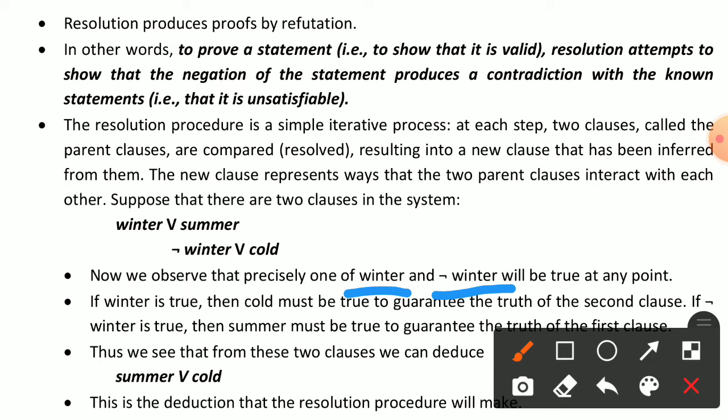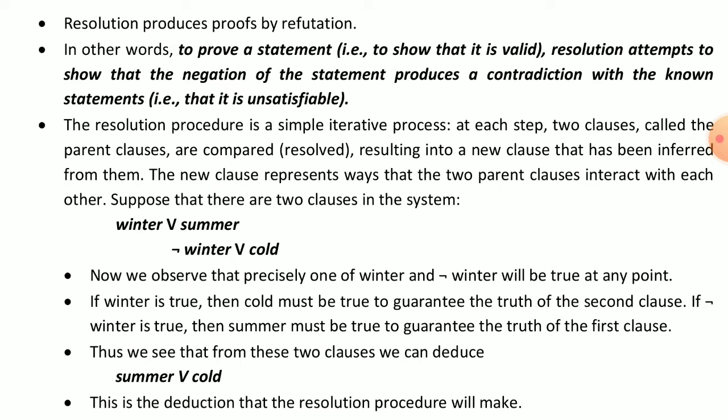This means if winter is true then cold must be true to guarantee the truth of the second clause. We know that the season is winter, so our given statement is true. In the second part, if not winter is true, then summer must be true.